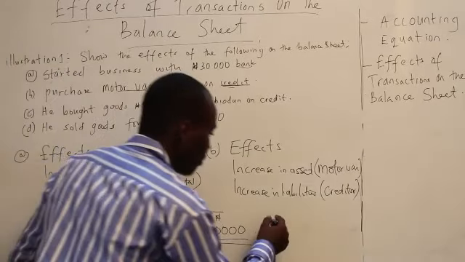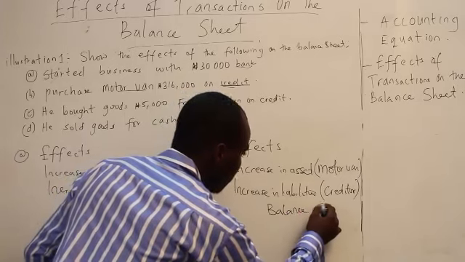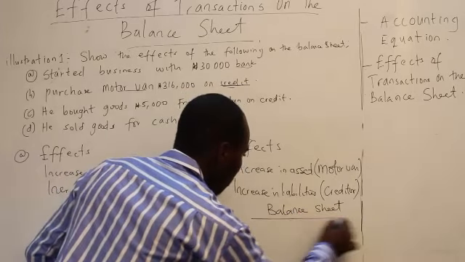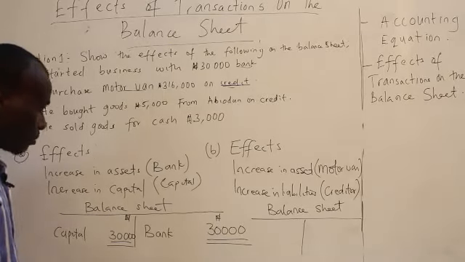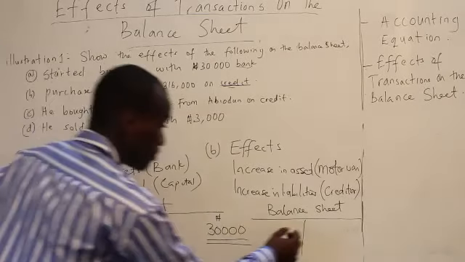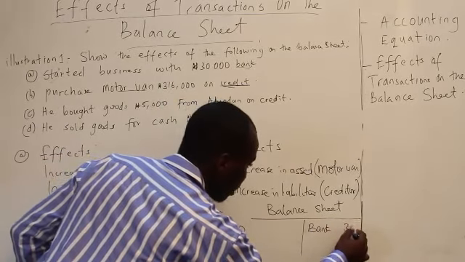So generally, in our balance sheet, previously we have bank, which is 30,000.